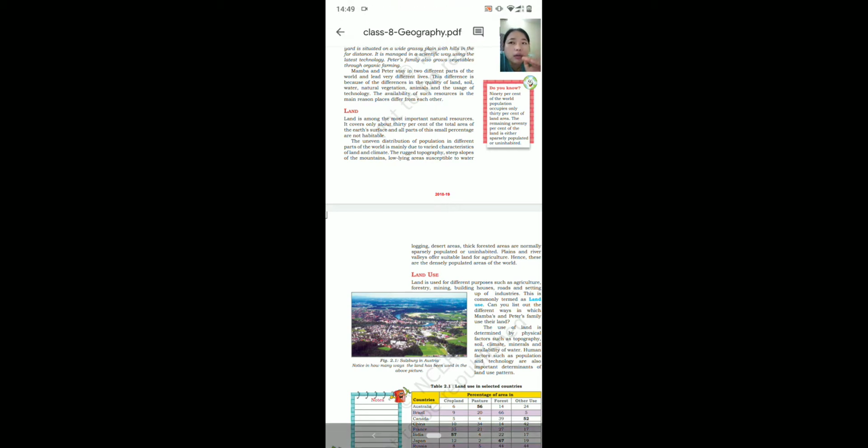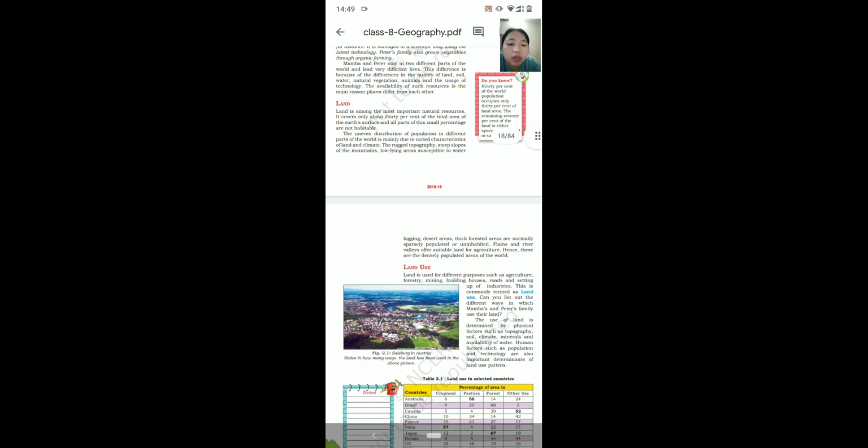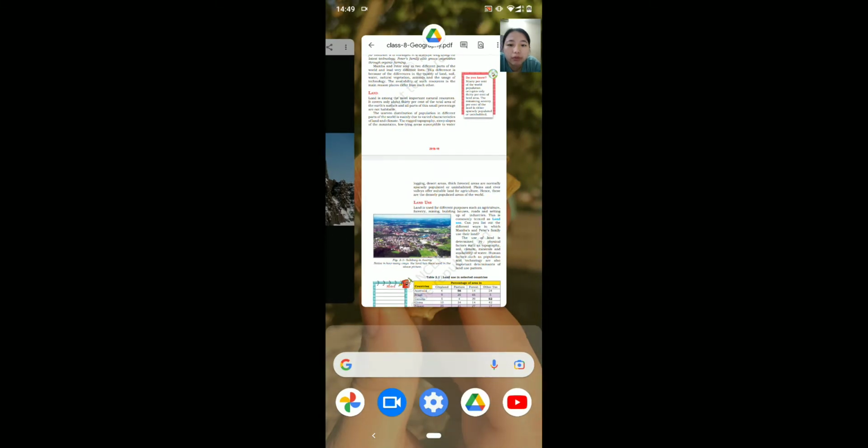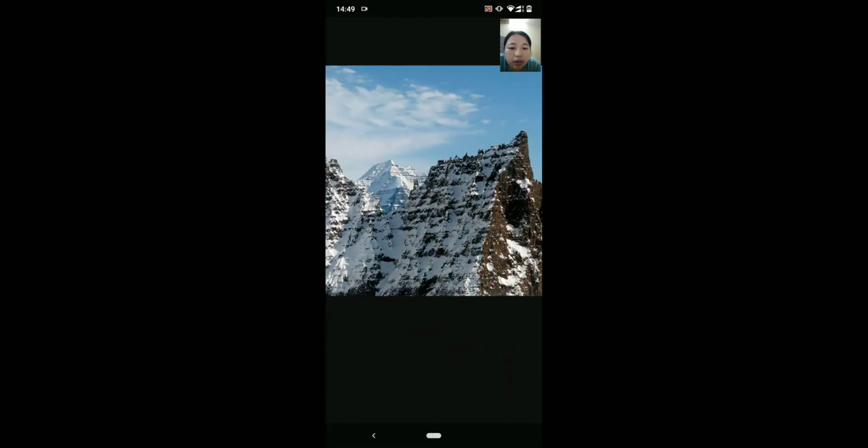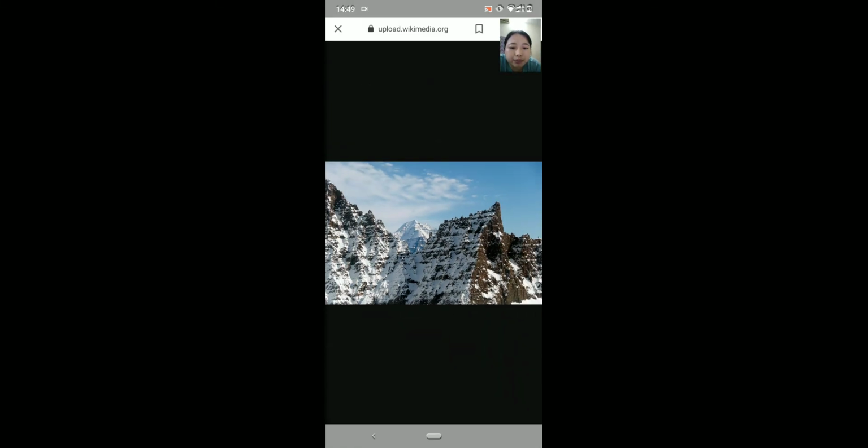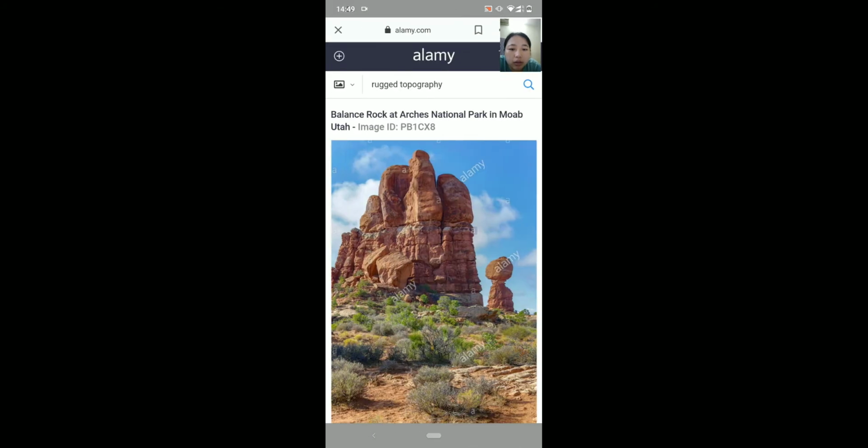When we say very sparsely populated or no population, it is because of rugged topography, steep slopes of the mountain, low-lying areas susceptible to waterlogging, desert areas, and thick forest areas, okay? I'll just show you an image of rugged topography. Look, this kind of area, and also this.